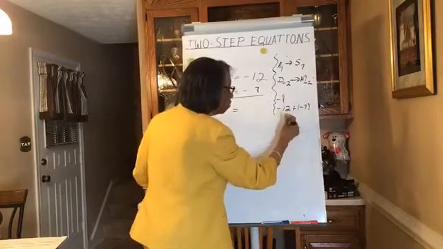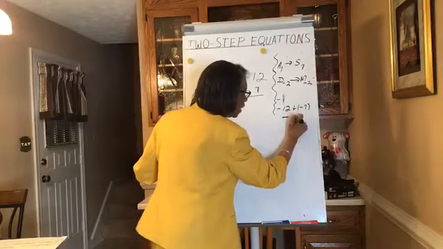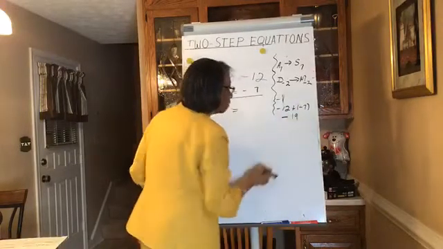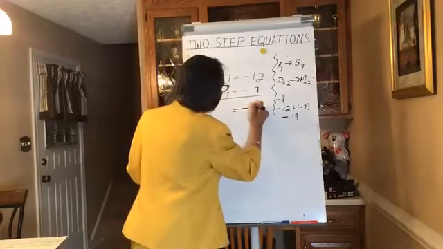Adding 2 negatives, we get a negative. We add the absolute values, and we get negative 19.